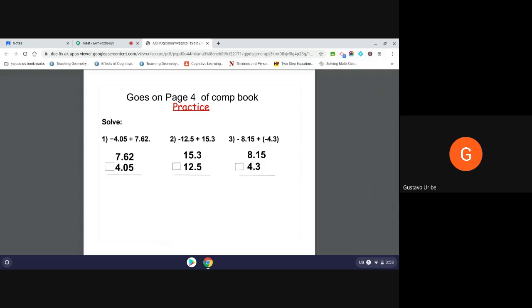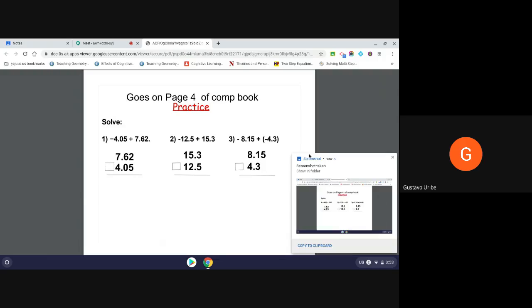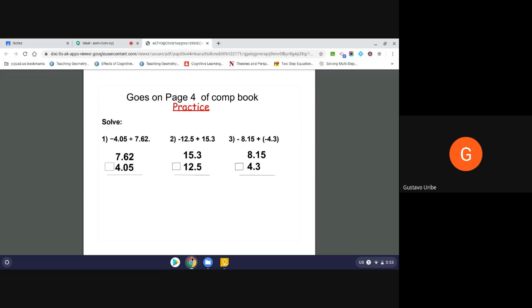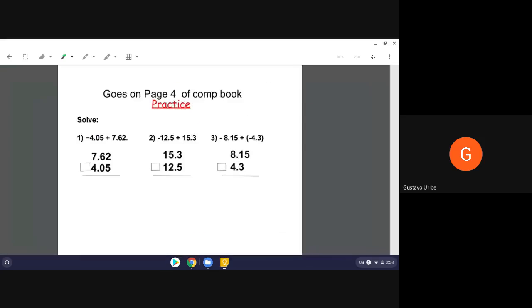All right, so to practice these, we first line up our decimals, which I have set up for you all already. Now we're going to take a look at our rules, and we're going to figure out if we actually add these or subtract these based off of that rule. So let's take a good look at our first one.